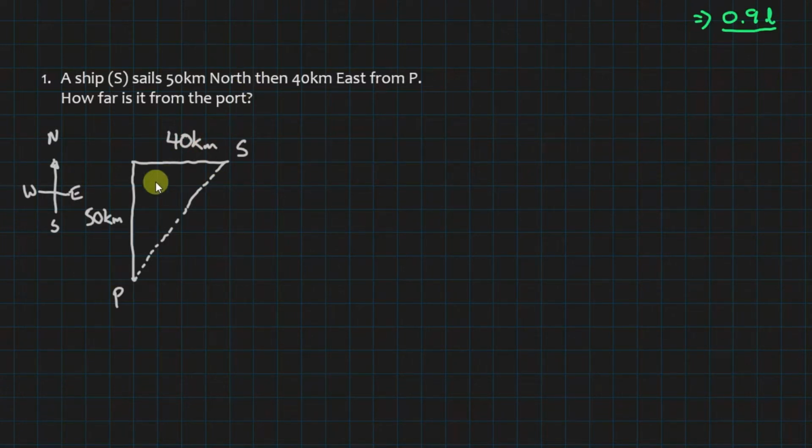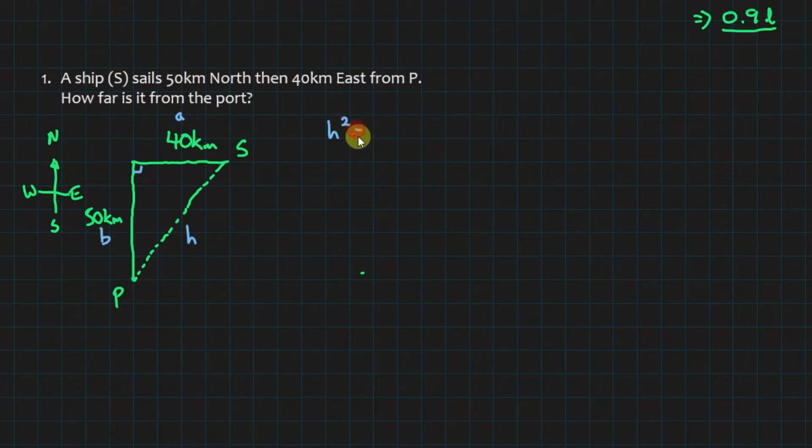So the first thing I would say is you need to draw the diagram. If you've been given it purely as words, draw the diagram. That's your first step. Second step, it doesn't matter if you do it properly or not, the right angle is between the north and the east. So we've got a hypotenuse, which is the line SP. I'll be talking about SP as the length again. And we've got a and b, our two sides.